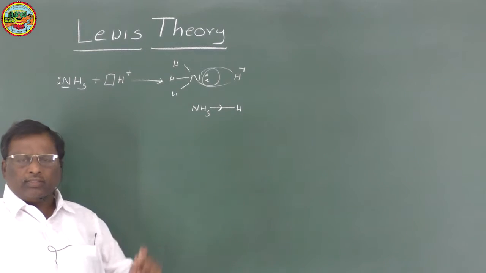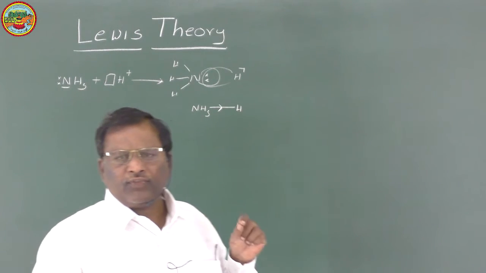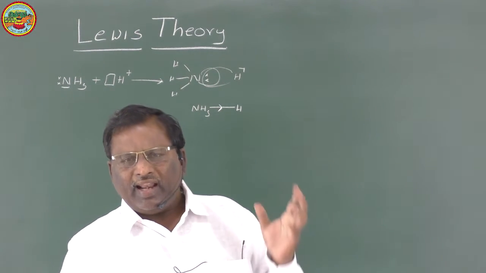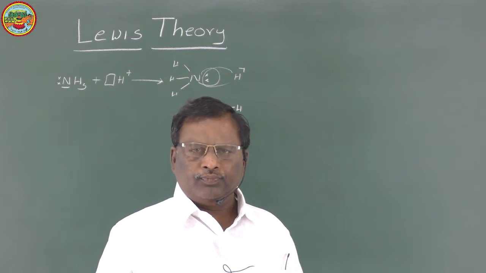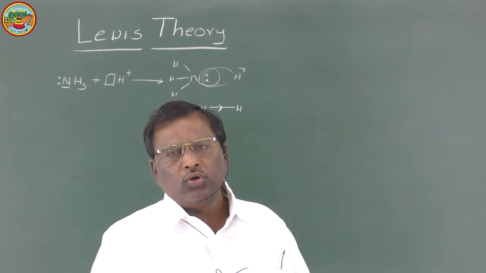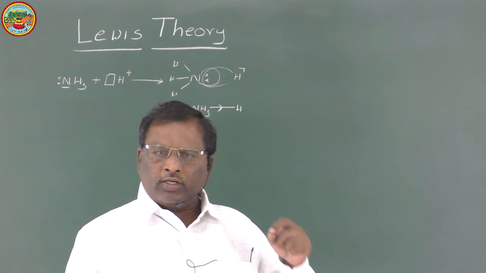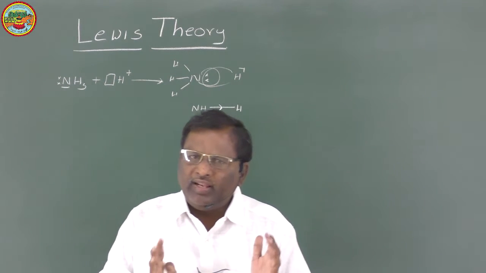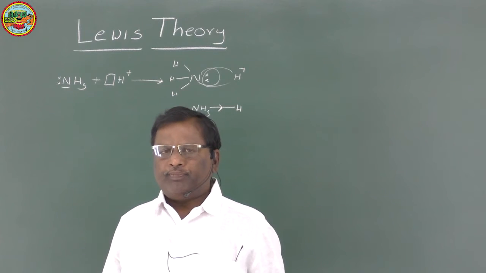Now the question is, what type of species can accept a proton? That means classification of acids according to Lewis theory. According to Lewis theory, an electron pair acceptor is an acid.